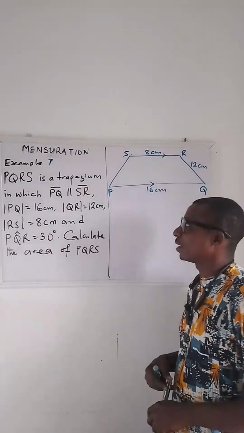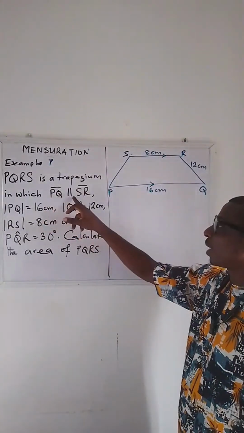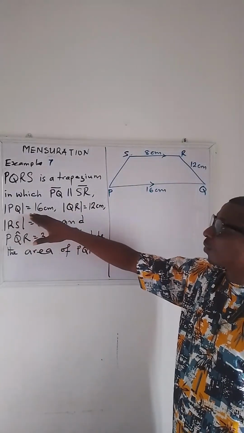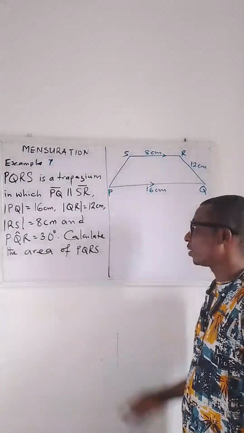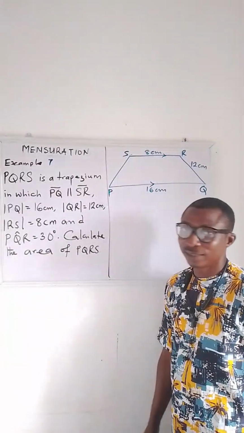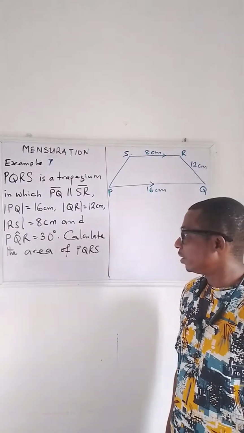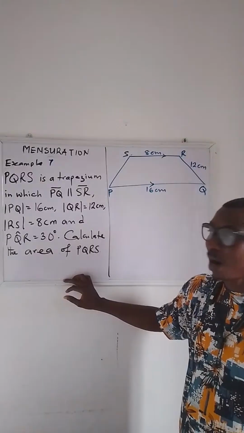PQRS is a trapezoid in which length PQ is parallel to SR. PQ equals 16 centimeters, length QR is 12 centimeters, length RS is 8 centimeters, and the angle PQR is 30 degrees. You have to calculate the area of trapezoid PQRS.